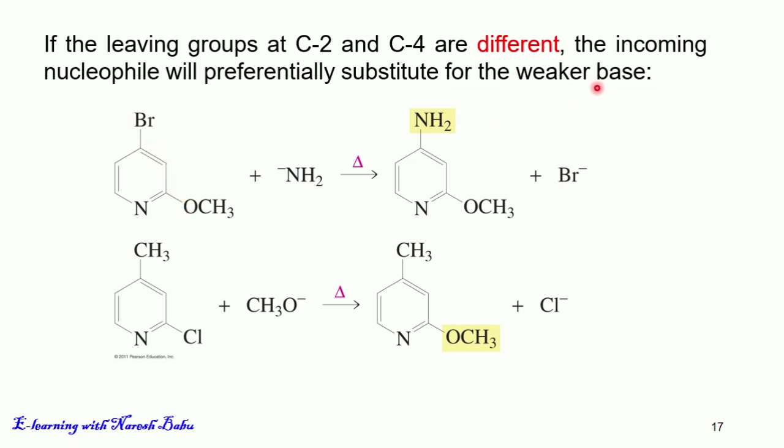Bromine has more electronegativity, so we can easily remove this bromine compared with the methoxy group. So the bromine is easily replaced by ammonia. Similarly, in this case, chlorine is more electronegative, so we can easily remove the chlorine and replace it with the OCH3 group in this position. So this methoxy is a nucleophile.